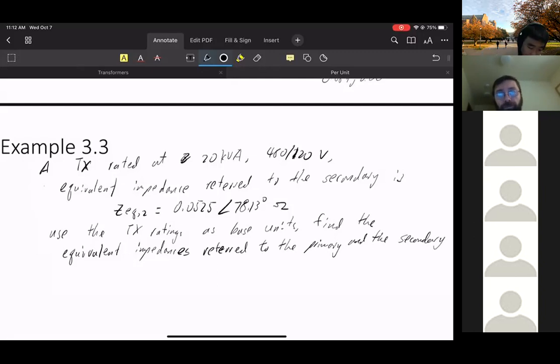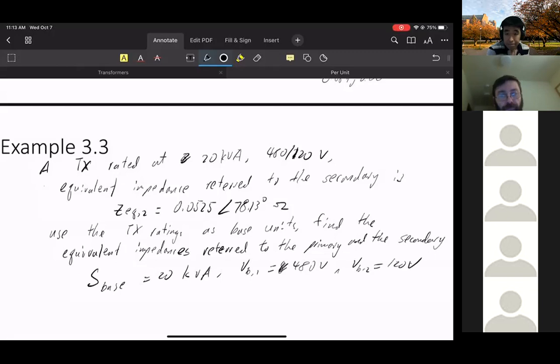Again, we're told what the base units are. We're told S base is 20 kVA, V base 1 is 480 volts, and V base 2 is 120 volts.